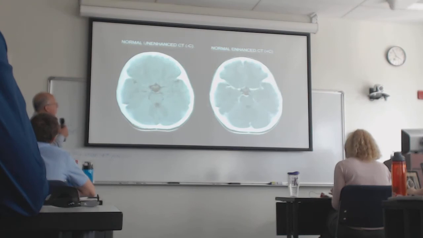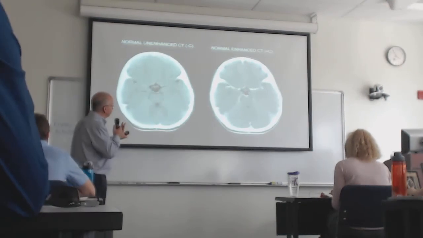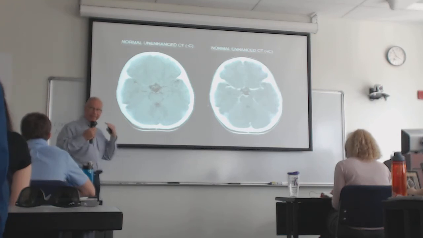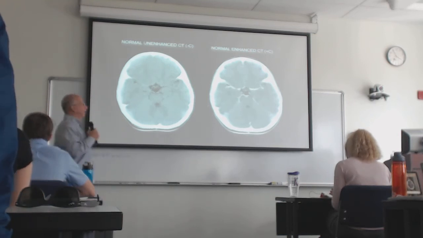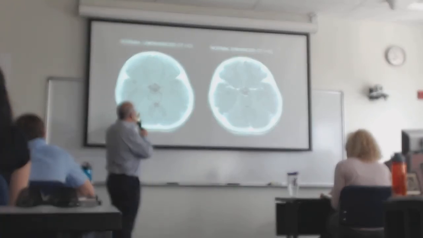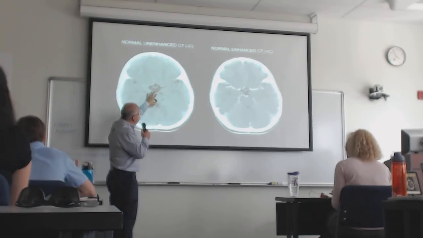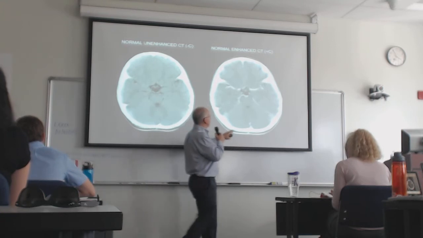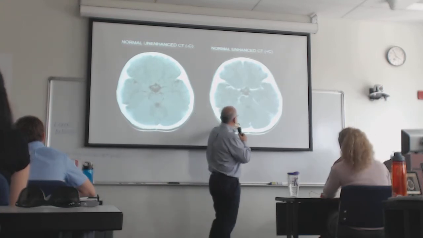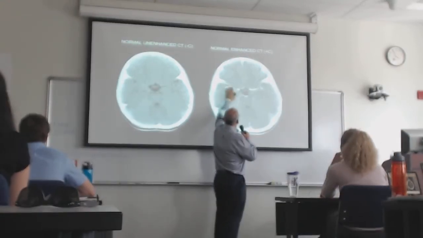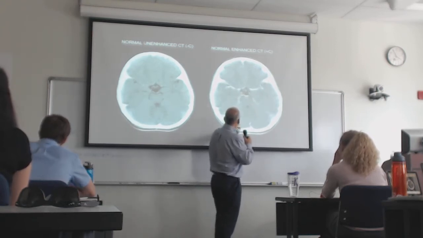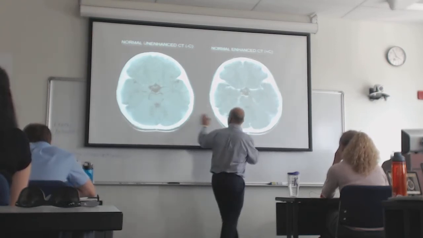Anyway, let's look at these two CT scans. They're the same patient, and the same level of the brain is being scanned. On this one, you've got your gray, your black, and your bone. On this one, you've got the same, but then you've got these things here, and down here there's some whiteness that isn't over there.